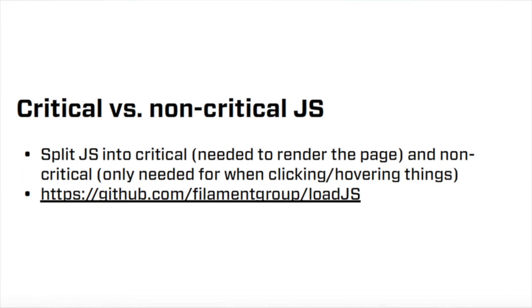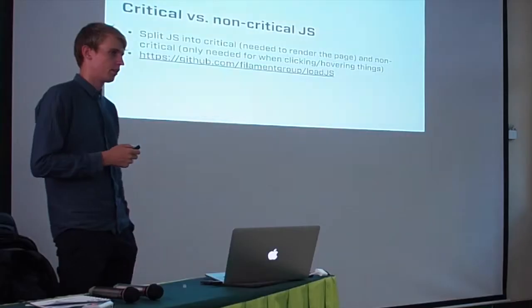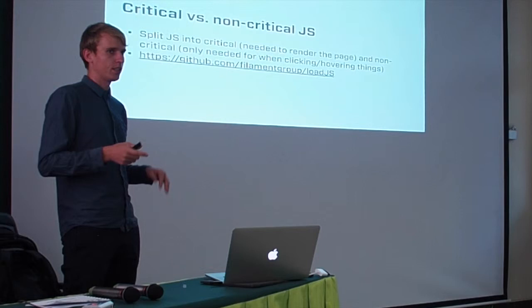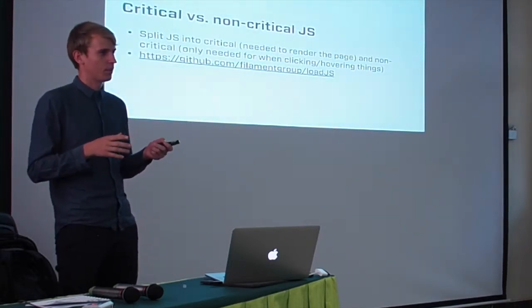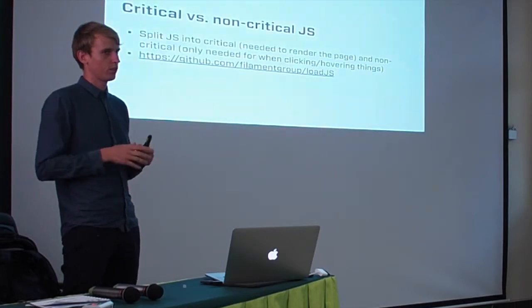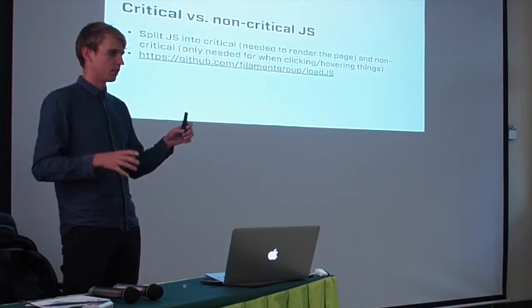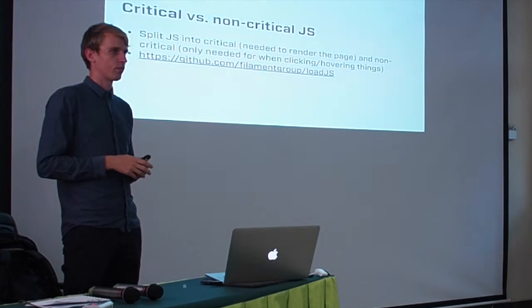There's also a thing about critical and non-critical JavaScript, so that comes back to this. So you might have stuff that is needed to render the page. One example would be if you have cards and they need to be laid out in a certain way.